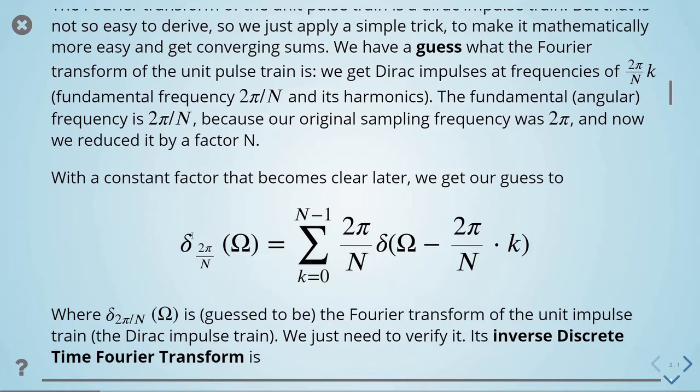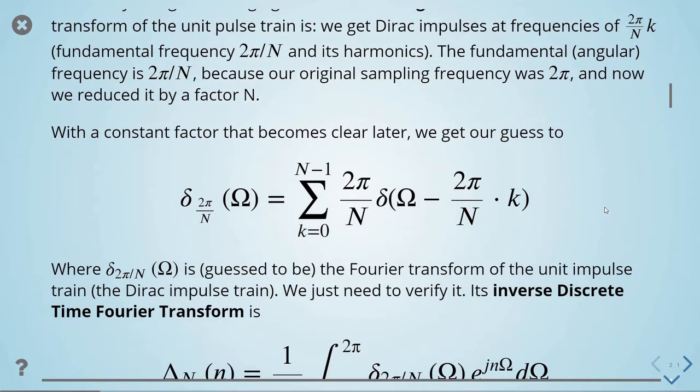So this delta of omega minus 2 pi m over N is guessed to be the Fourier transform of the unit pulse train, the Dirac impulse train. What we need to do is verify it.